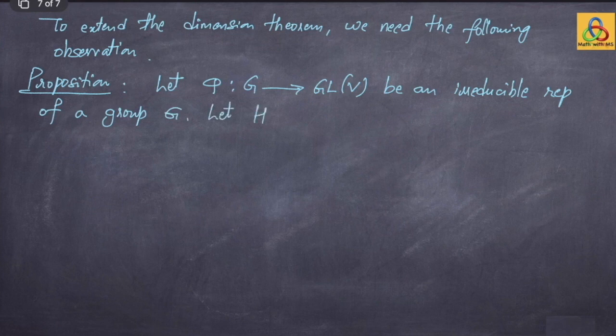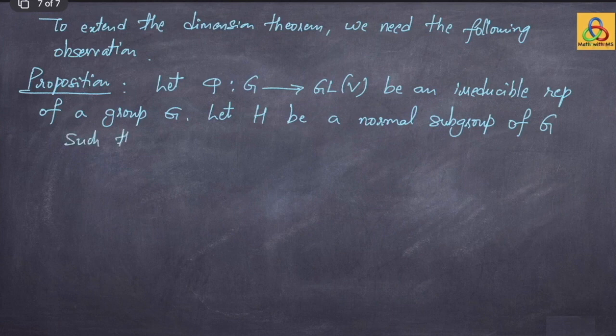Let H be a normal subgroup of G such that when you restrict your representation phi to H, it is trivial, such that phi sub h is identity for each little h belonging to capital H.